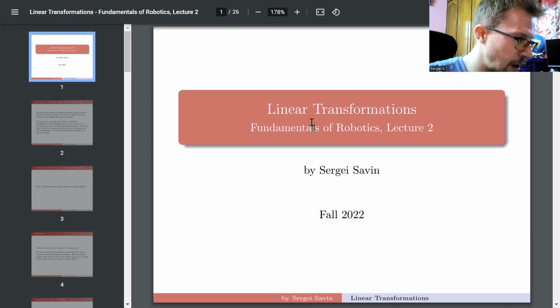With that in mind, I'm going to risk dedicating a whole lecture specifically to linear transformations from the algebraic point of view. This is a risk, because, in a sense, you can say this lecture could be spent on directly addressing forward kinematics of robots.